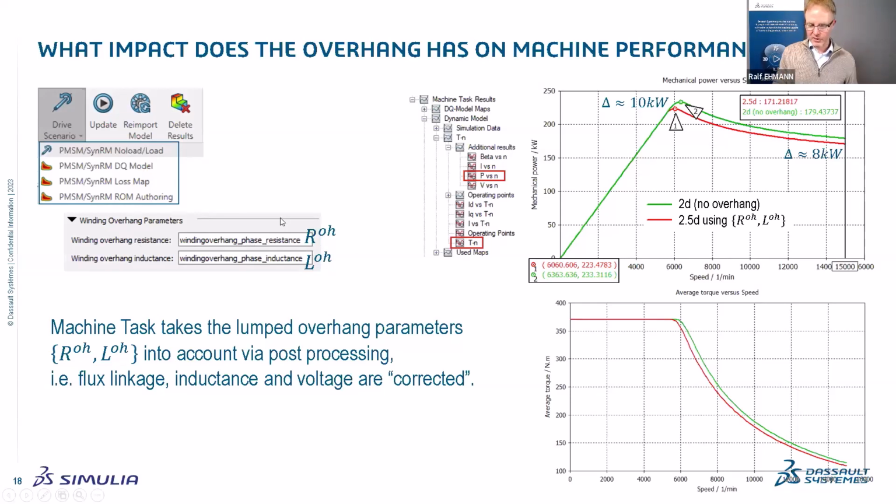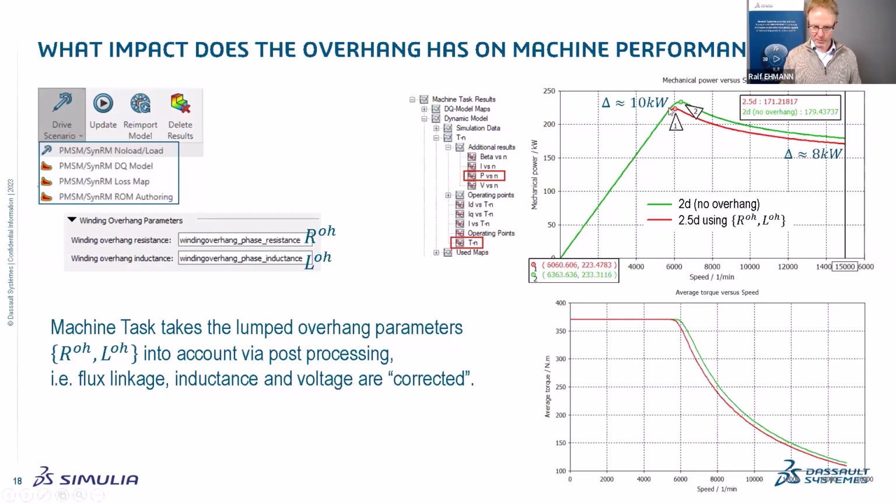What it does under the hood is, after the simulation is done, each inductance, each flux linkage, each voltage is corrected, because when you know this value, you know the additional voltage drop in each of the phases. And taking this into account when calculating operating points, you see a quite considerable difference in the operating regime you deduce from the loss map drive scenario.